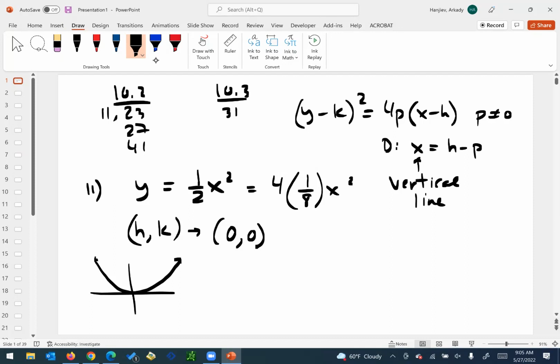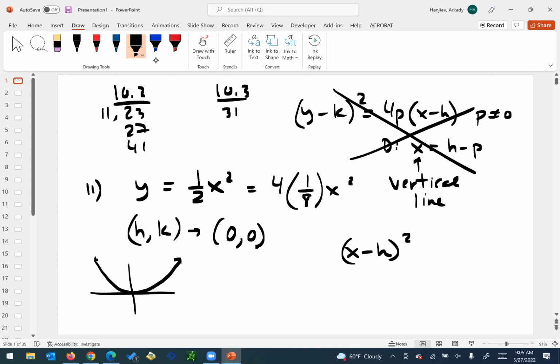Sorry, guys, I'm in the wrong one here. Scratch everything you just learned. I took the wrong one. The vertical axis is this equation right here, x minus h.